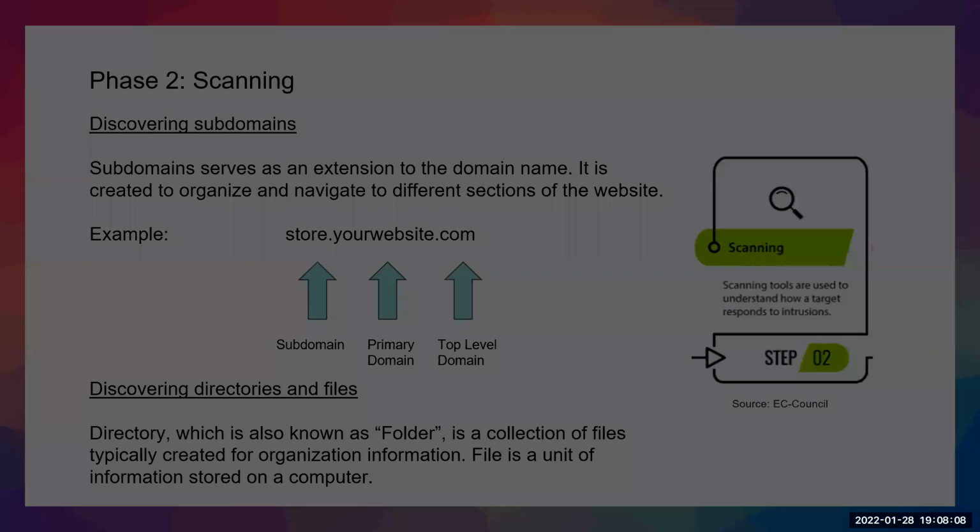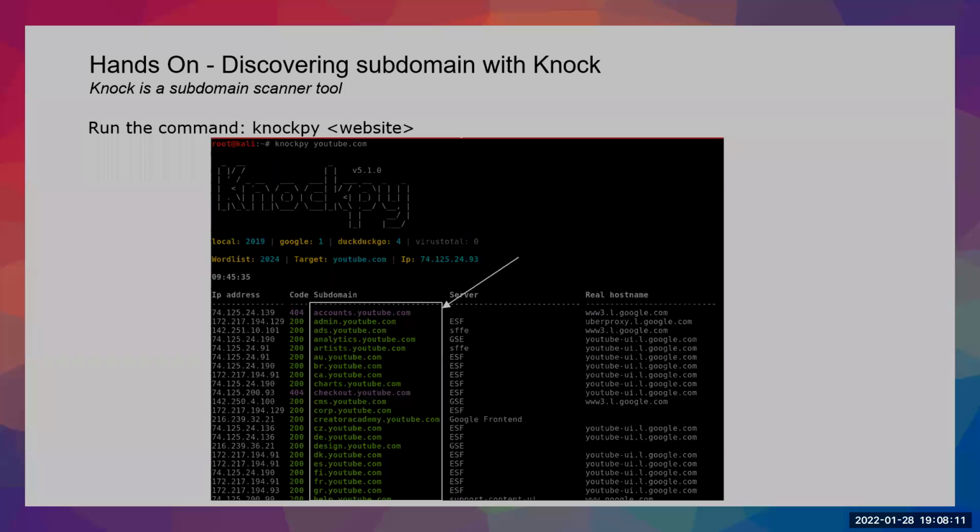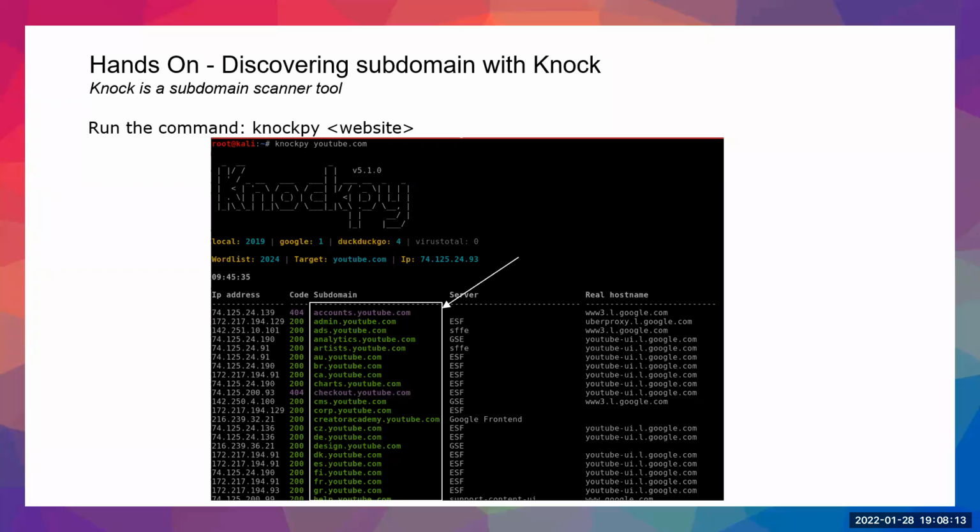Now we can get hands-on on how to discover subdomains with the command knockpy. Knockpy is a command in Linux for us to do a subdomain scan. To do this, we simply type knockpy and the website that you wish to discover subdomains for.